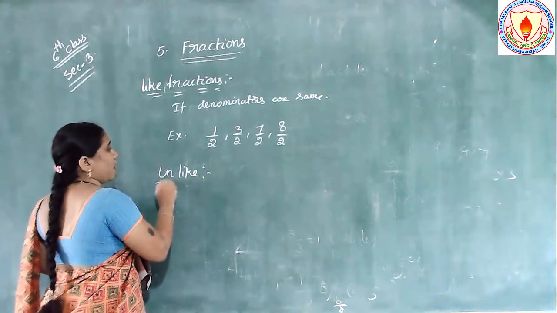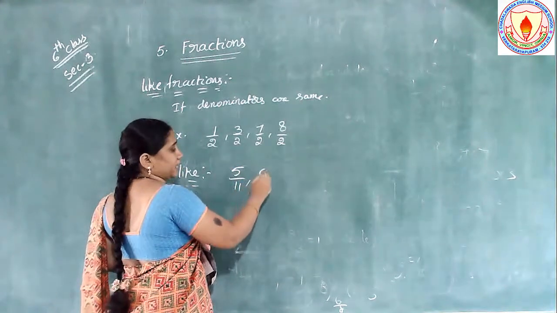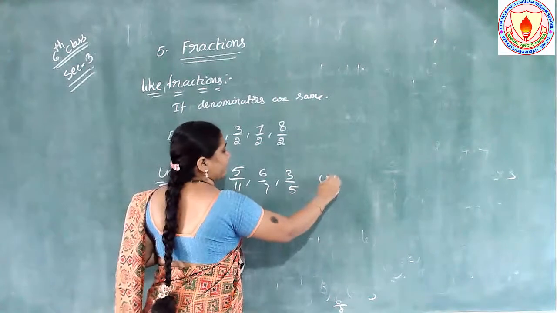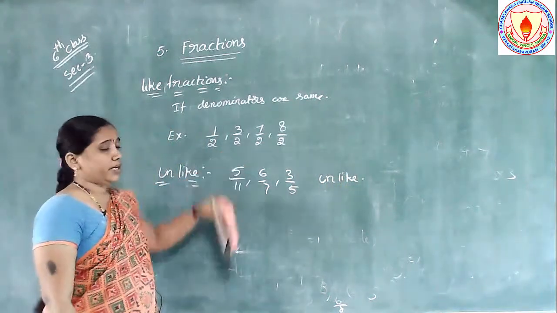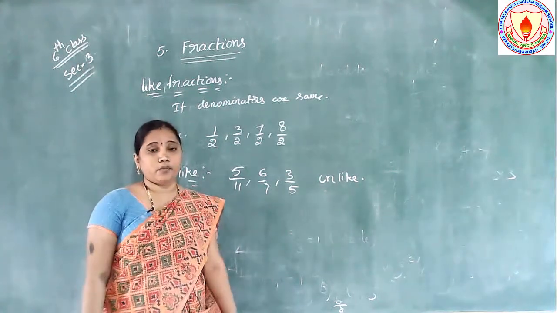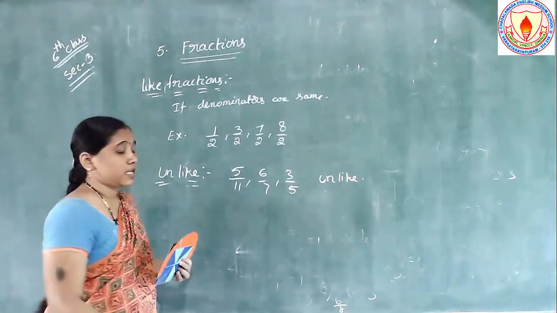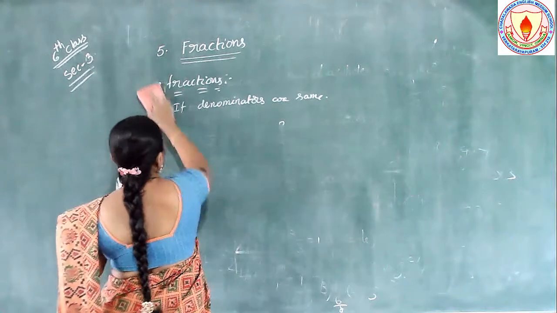Give me any example: 5/11, 6/7, 3/5. These are all unlike fractions. Like means denominators are the same; unlike means denominators are different.